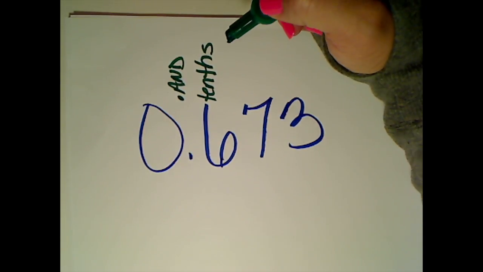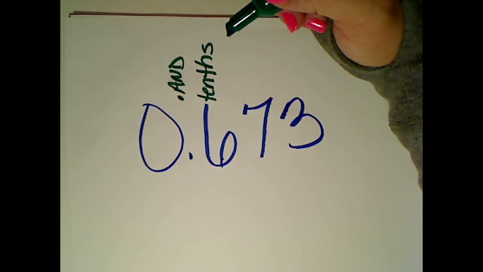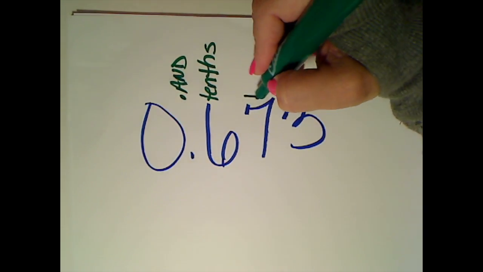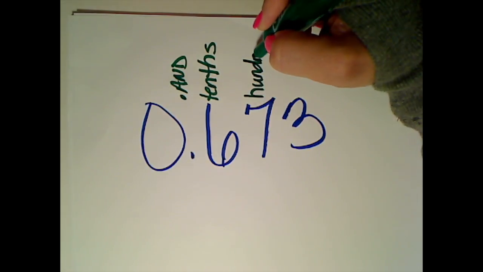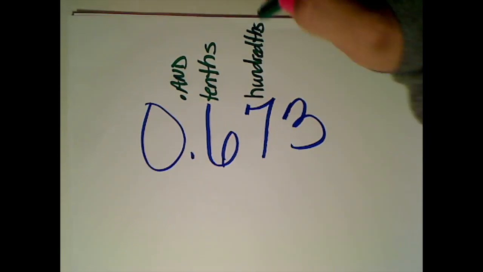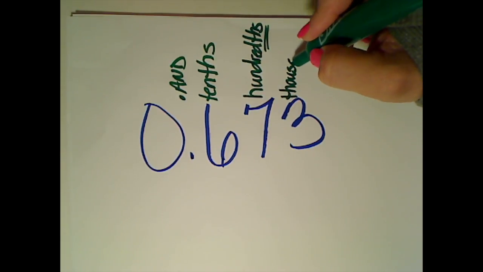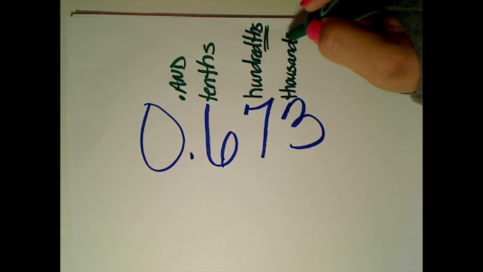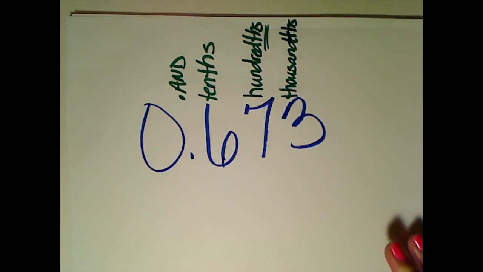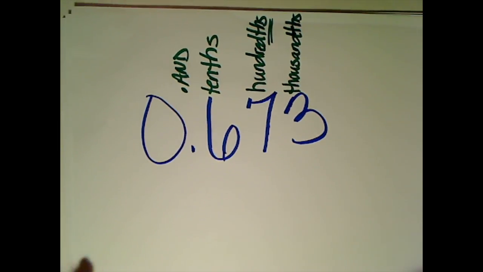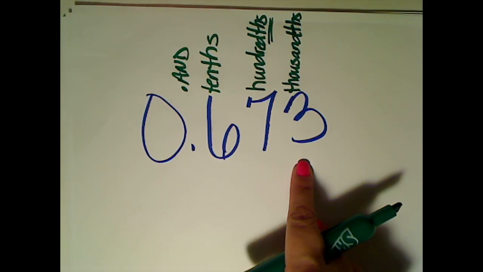Remember, you sound like a snake when you talk to the right of the decimal point. I would say hundredths. And then, of course, thousandths. Okay. So, this is 673 thousandths.